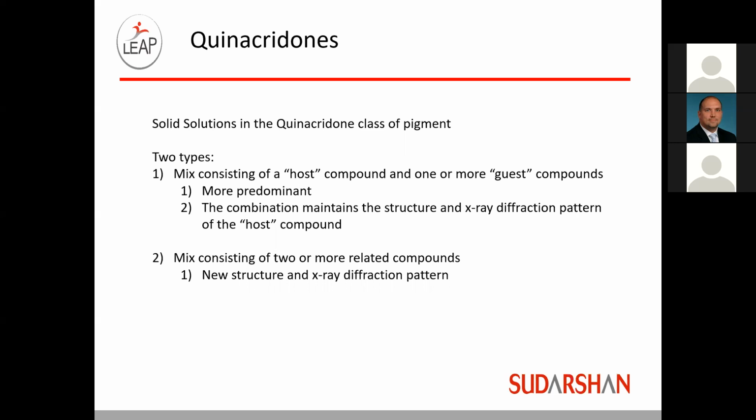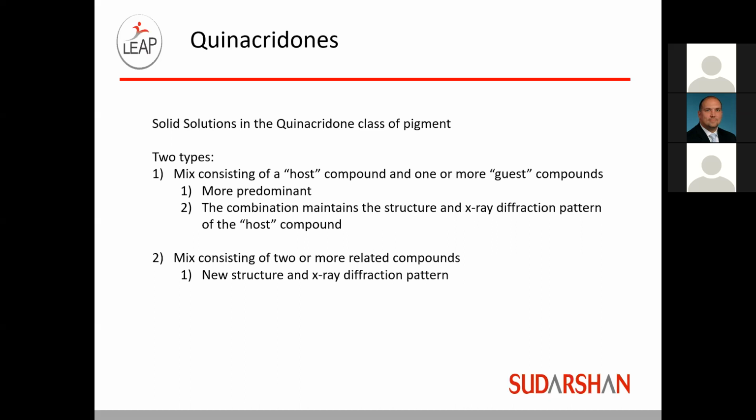If you were to look at these products from an analytical perspective, the structure and the X-ray diffraction pattern will take on the form of the host compound. And so it is not as unique from an analytical perspective as it would be from a practical in-use application, based on the color and the dispersibility of these products.